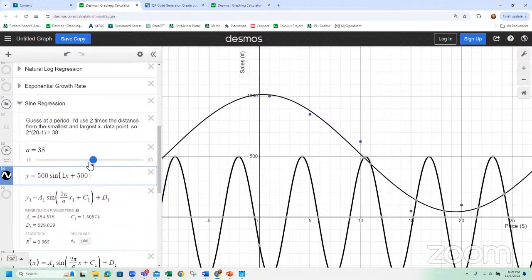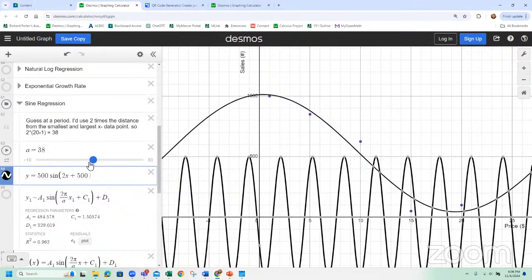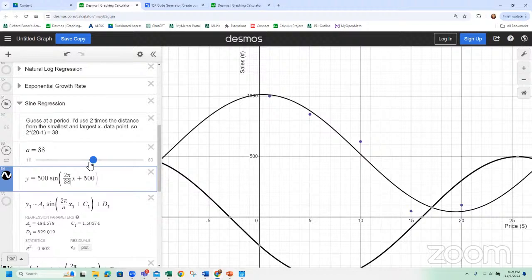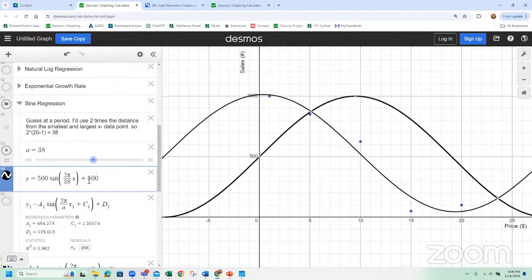Or I could make this 2 pi divided by some number like 50 or 40, or let's try 38. Okay, so now this function looks a lot like that one. Oops, I have the plus 500 in the wrong spot. Okay, now they're very similar.